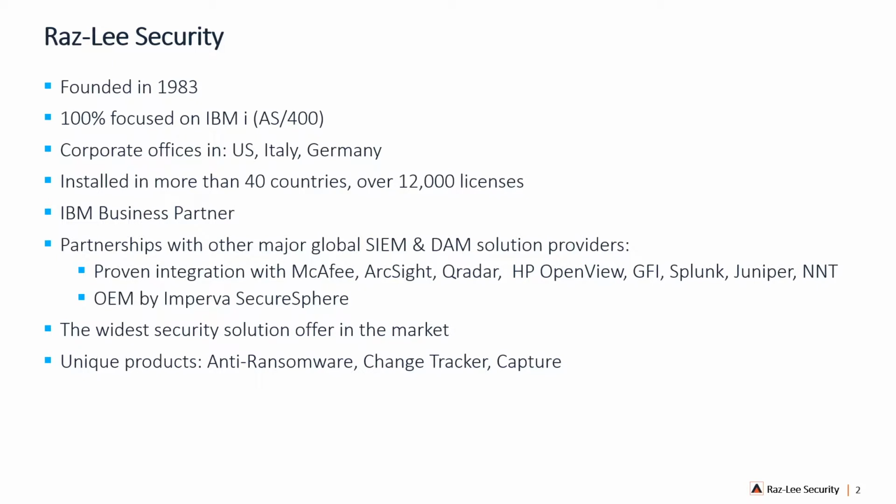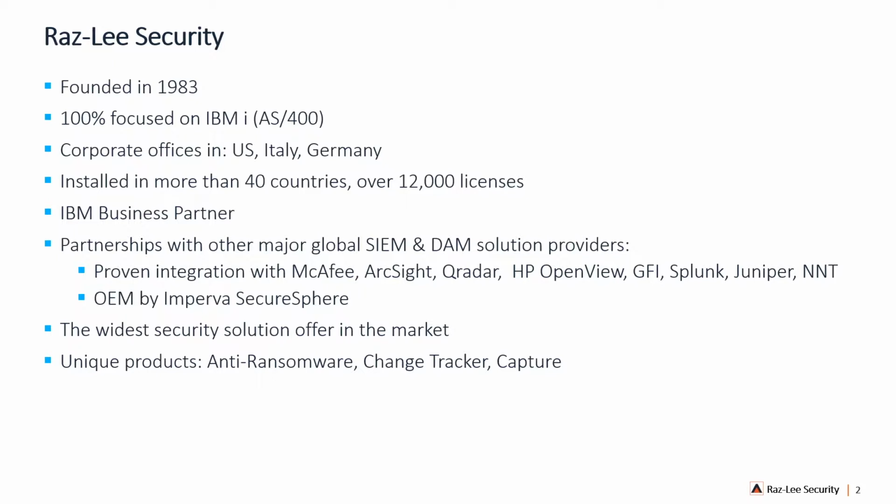And when we speak about Imperva, Imperva OEM'd some of our products, so when you buy the Imperva SecureSphere agent for the IBM I, then you actually buy iSecurity in a different package.